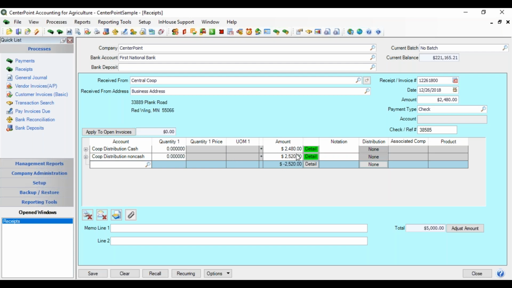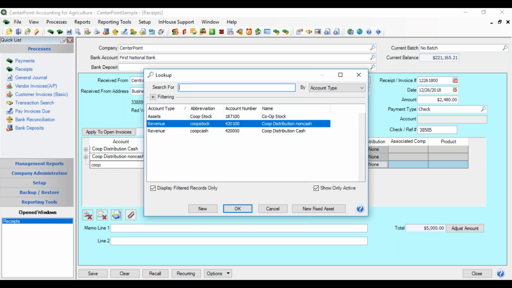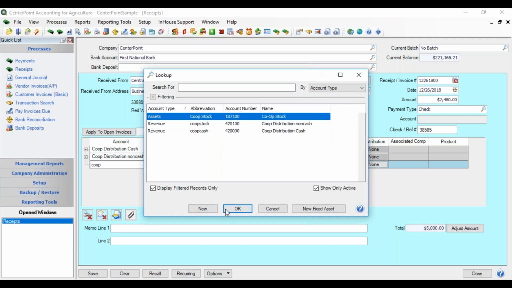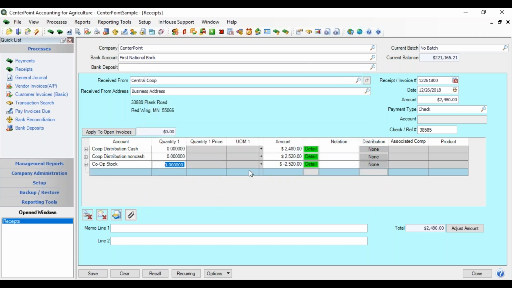So our $2,520 is not going to increase our cash account of First National Bank. It is a non-cash portion. It's going to increase our co-op stock. So on our next line, we're going to pick our co-op stock asset account, and that is going to be assigned to the non-cash portion, which is offsetting our non-cash revenue.